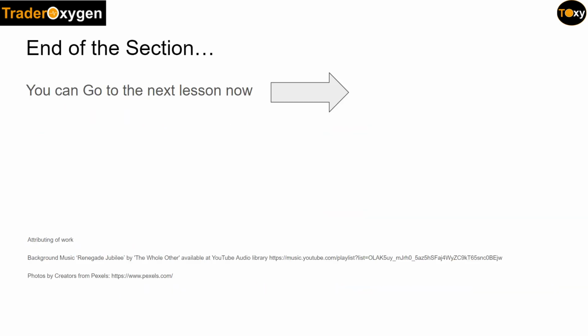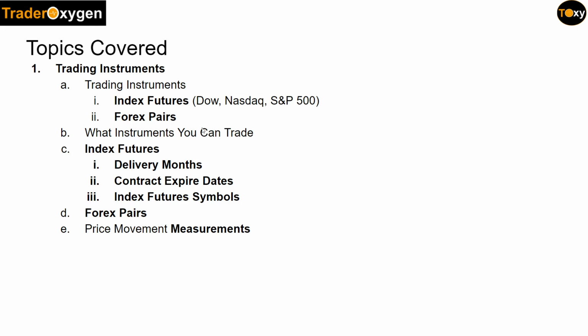So we have come to the end of the section. Let's summarize the section now. In this section you learned about trading instruments. Different traders can trade different instruments of their choice. Some traders trade index futures, some trade forex.